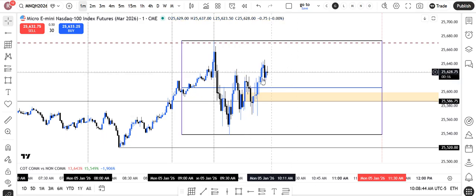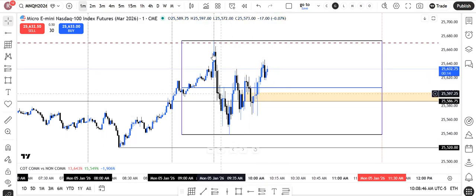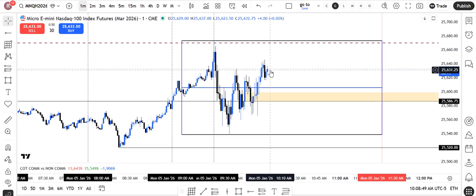We're still in the premium side of the opening range. So everything is fine. We are fine. There is no reason to be stressed and feel like we've already missed it. We haven't missed anything yet.